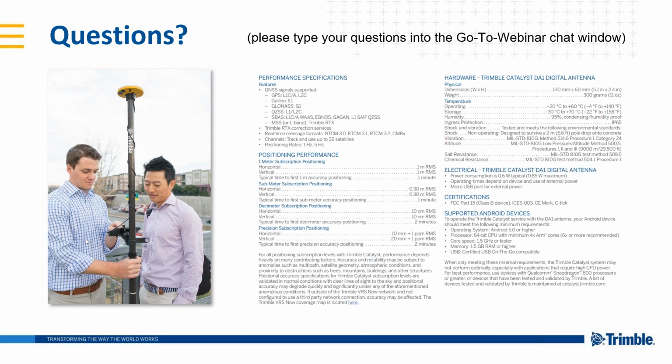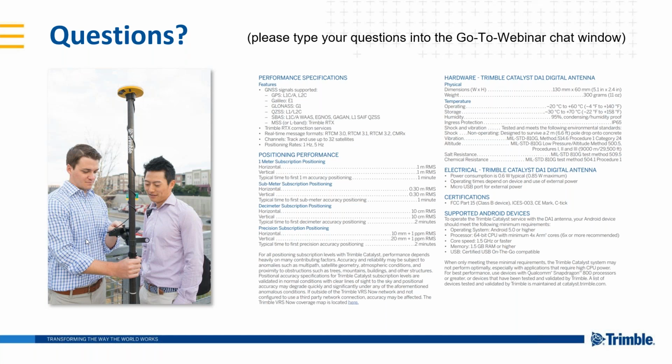So if you are offline in the field, you can still use the system, but the corrections hub will fall back to the Trimble RTX technology, which will give you sort of 30 to 50 centimeter level performance. It can be better than that, but it depends a little bit where you are.